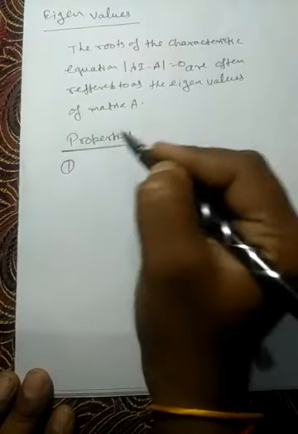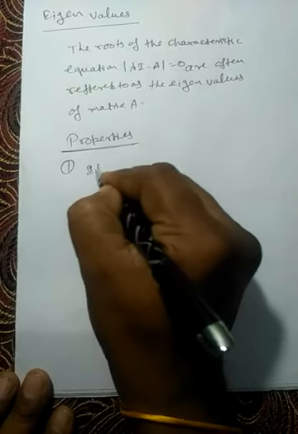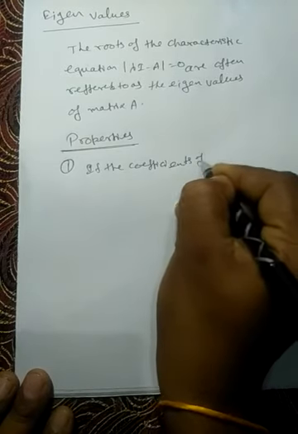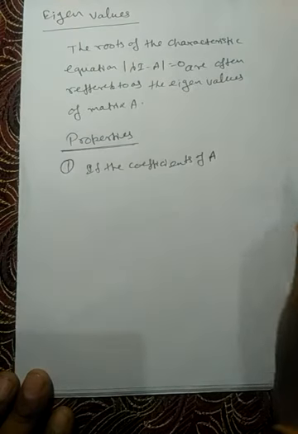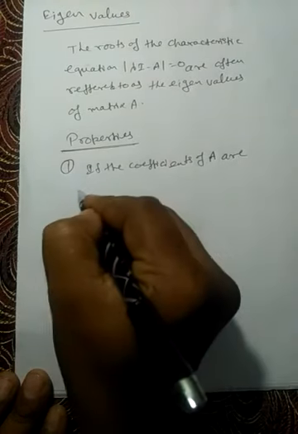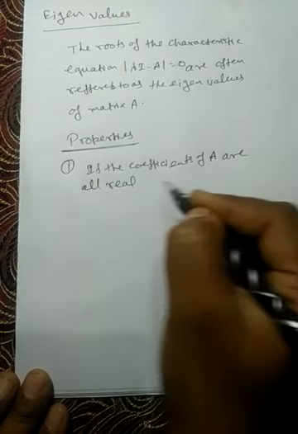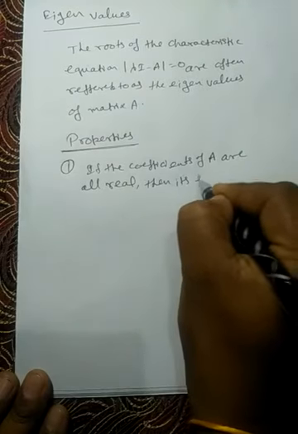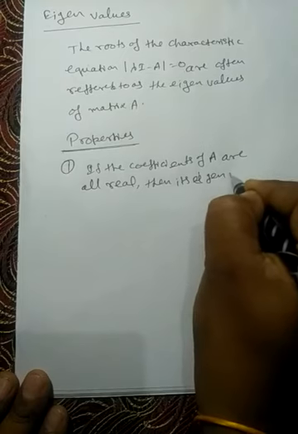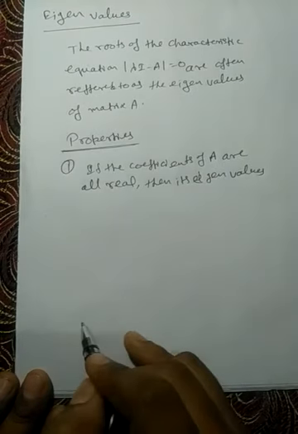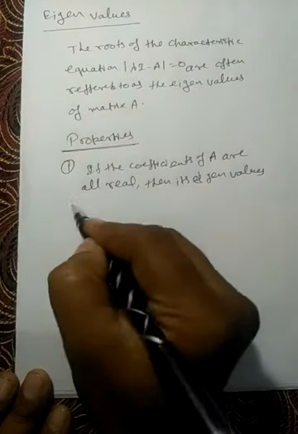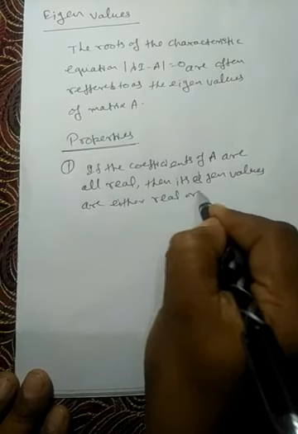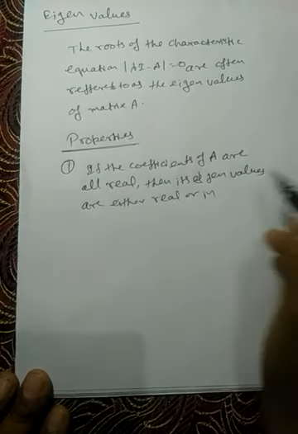First is, if the coefficients of A are all real, then its eigenvalues are either real or in complex conjugate pairs.